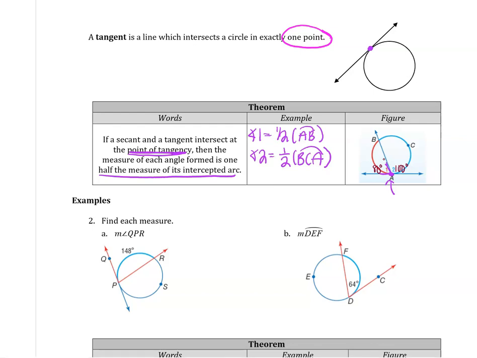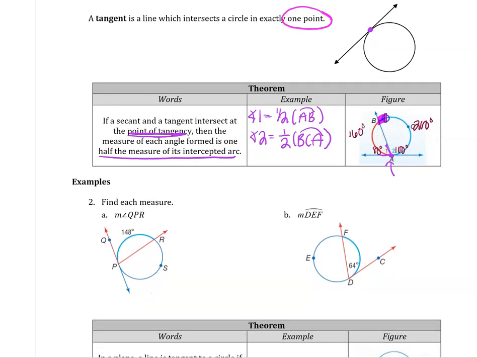Okay, so that means that BCA must be double that, which is 200 degrees, and double 80 would give me 160 degrees. Now this should make sense because 200 plus 160 makes 360, which is how many degrees are in the circle.